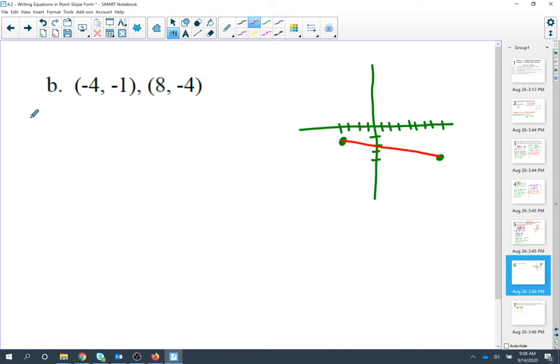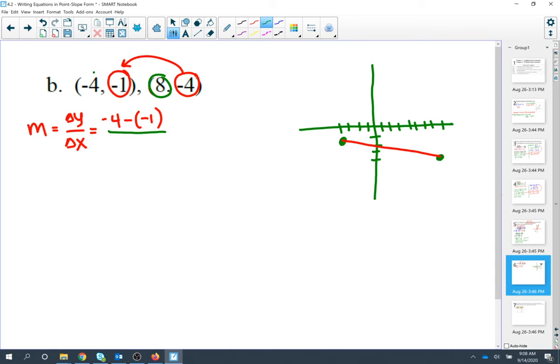So first of all, slope. Change in y over change in x. If I start with the change in y, be careful with your negatives. -4 minus -1. The change in x, 8 minus -4.